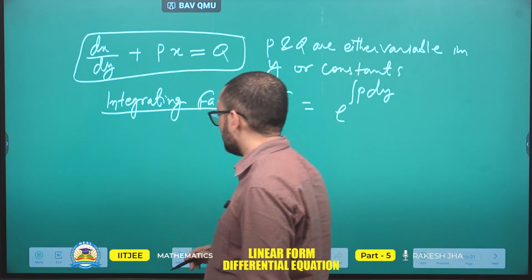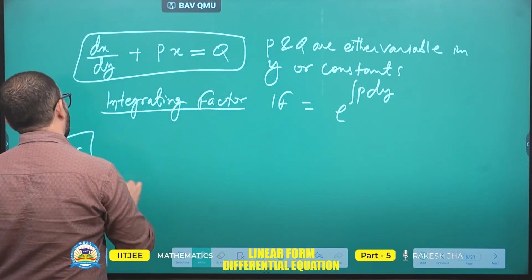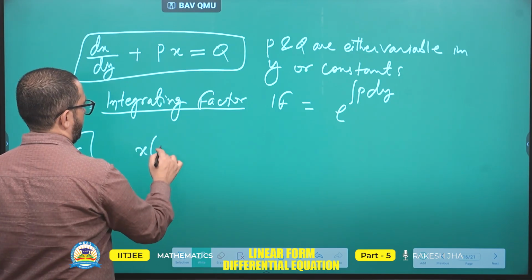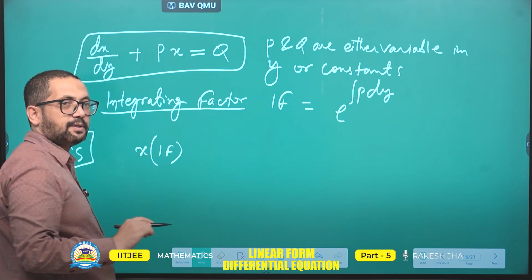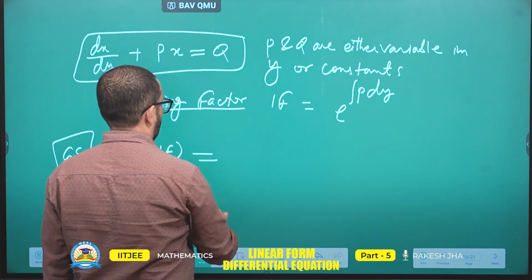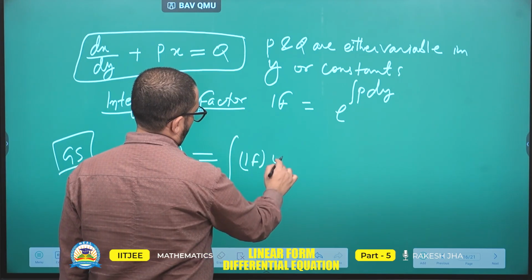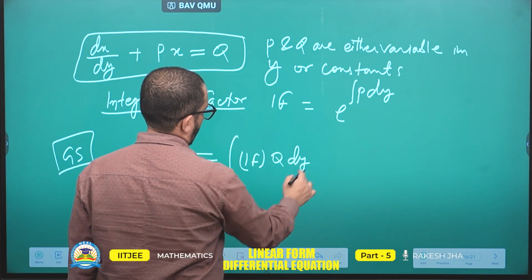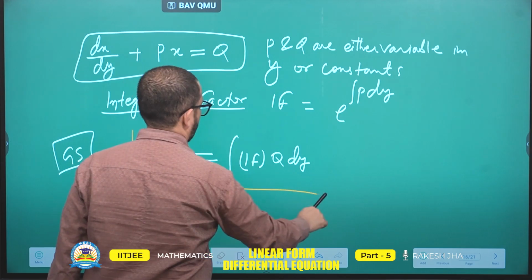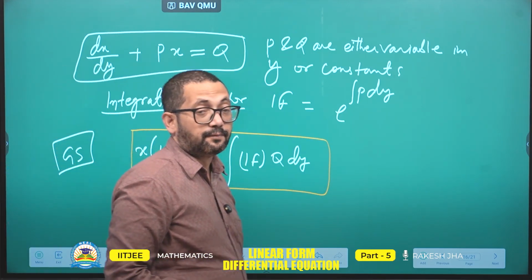Once we find the integrating factor, our general solution would be x times the integrating factor. You remember in the previous case we had y times the integrating factor is equal to the integral of the integrating factor times q dy. We will solve this and we will get the general solution of the given differential equation.